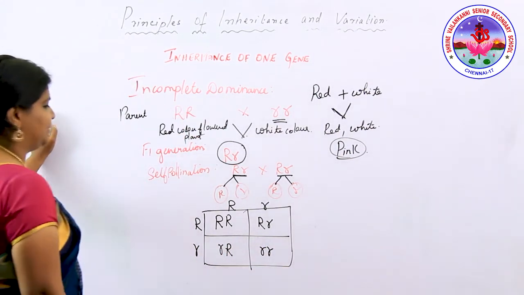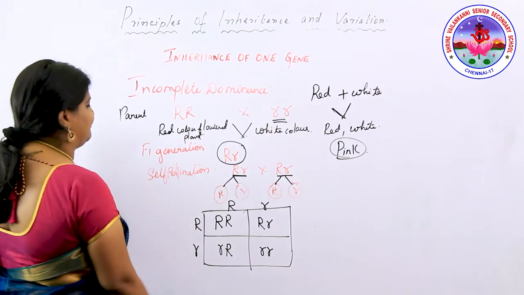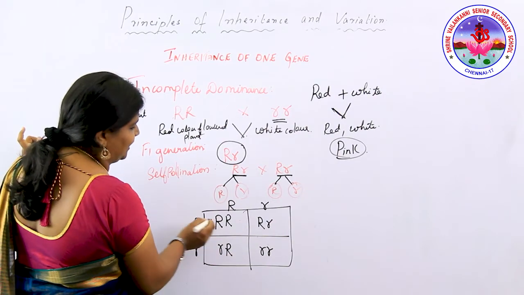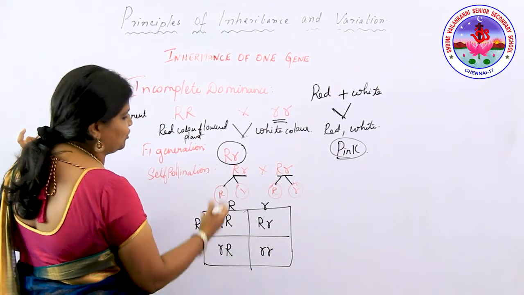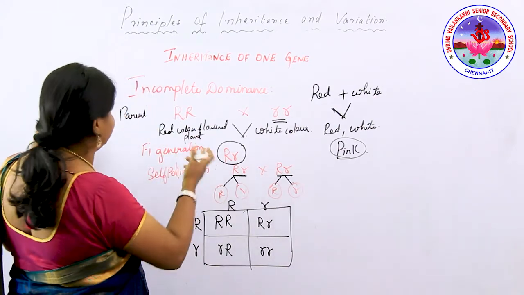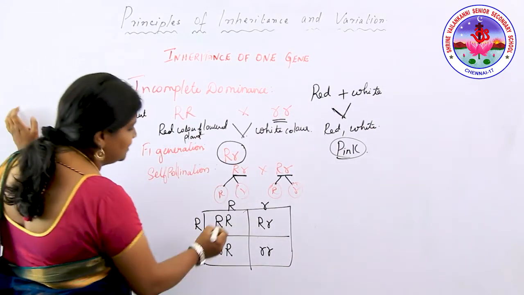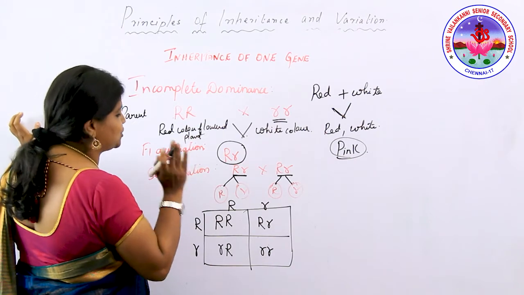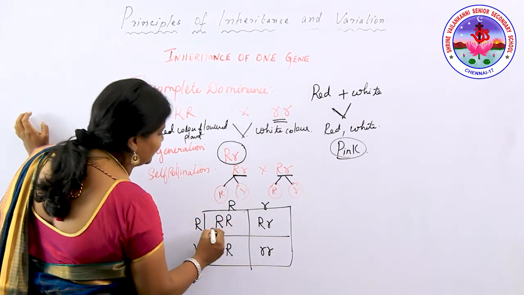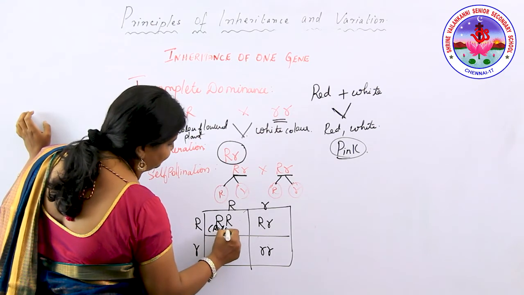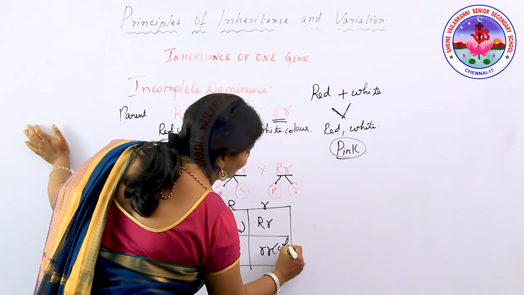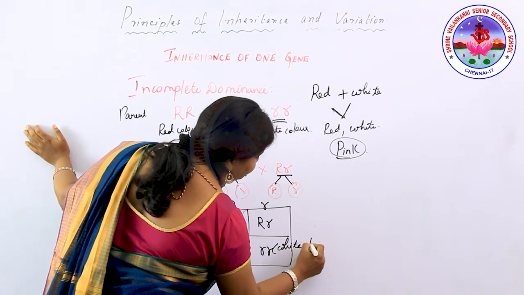So in this monohybrid cross, before we discussed that when you take the dominant characteristic, the ratio was 3:1. But here in incomplete dominance, the pure trait is calculated: capital R comes as a red color flower, and small r shows the white color flower.